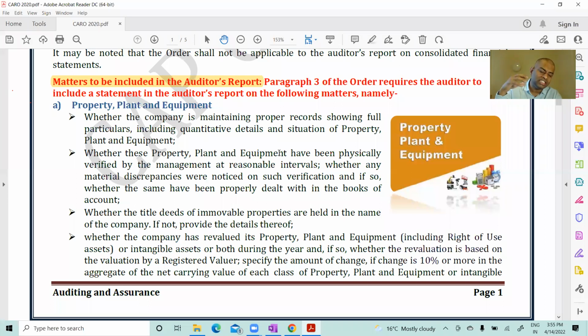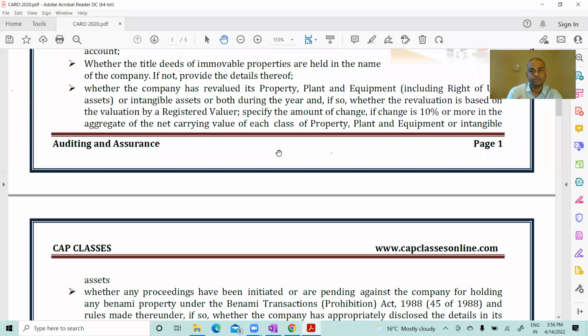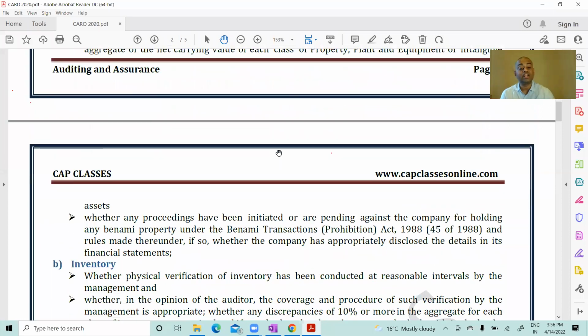That means in Caro 2016 also this was there, but there are 2 new additions. For example, cost model, revaluation model, because this is an amendment to accounting standard 10. After that, they included that here also. And the Benami Transactions Act, you remember? Benami Transactions Prohibition Act, that also, they have included 2 parts.